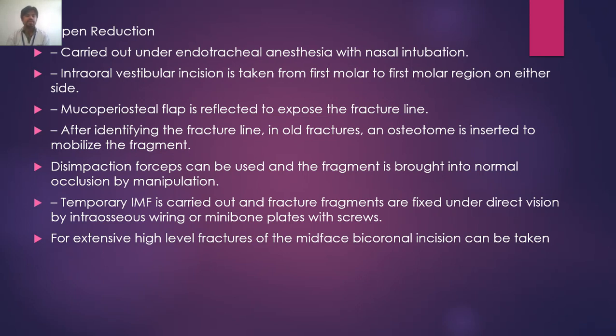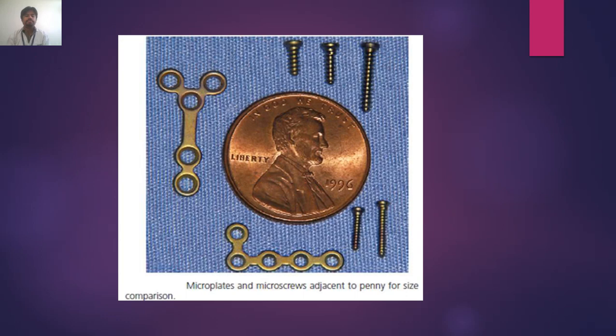After identifying the fracture line, in old fractures, an osteotome is inserted to mobilize the fragment. The disimpaction forceps can be used, and the fragment is brought to normal occlusion by manipulation. Temporary IMF is carried out, and fracture segments are fixed under direct vision by intraosseous wiring or mini bone plates with screws. For extensive high-level fractures of the midface, a bicoronal incision can be taken.